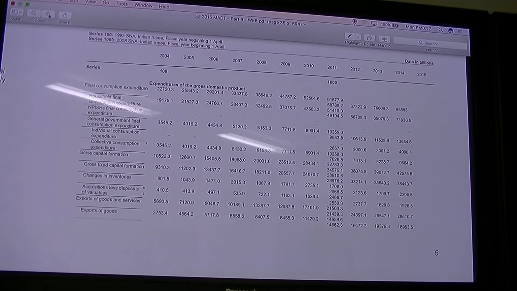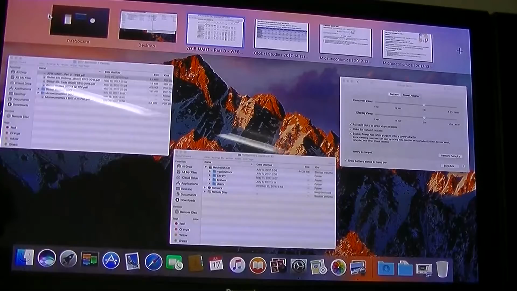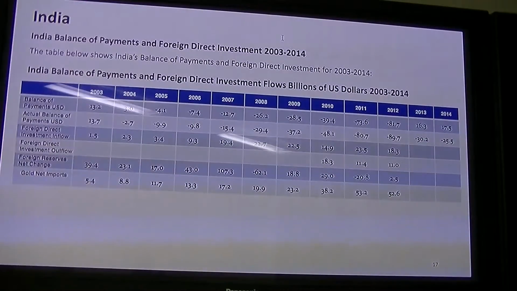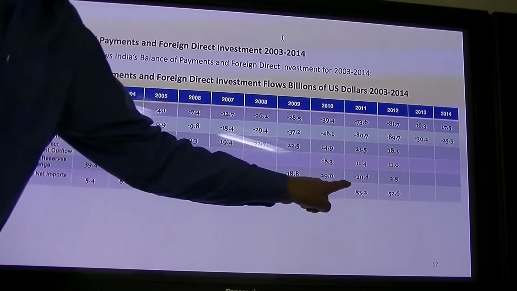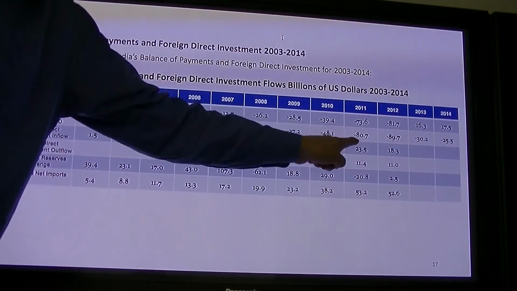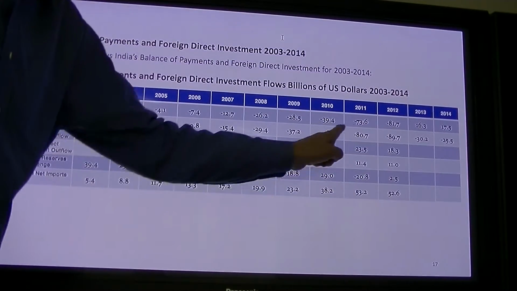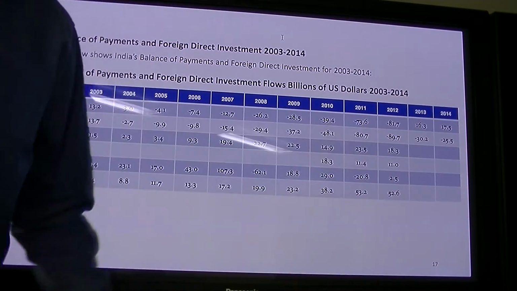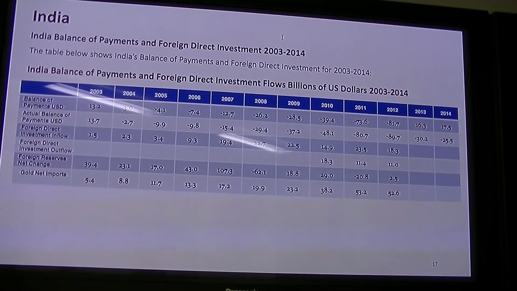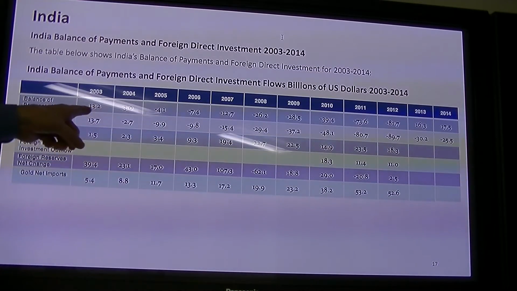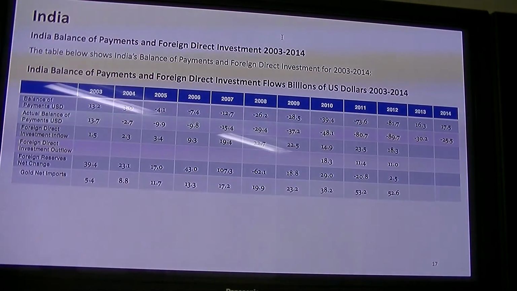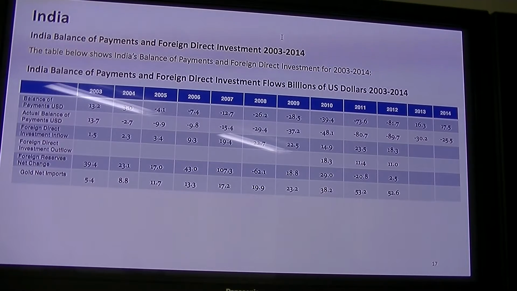So then I looked into it, and there's net gold imports. When you take that figure, most of the increase in the deficit is explained by an increase in net gold imports. So the increase in the balance of payments is essentially because people were buying more gold. It's crazy stuff.